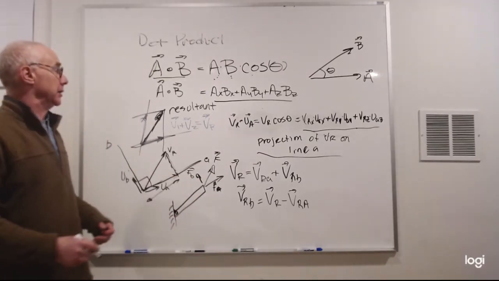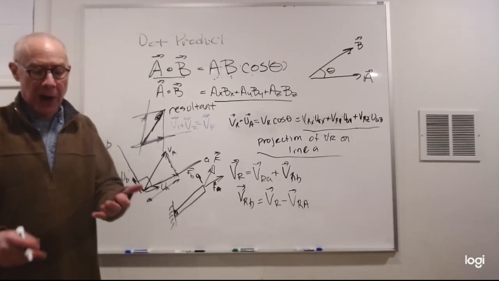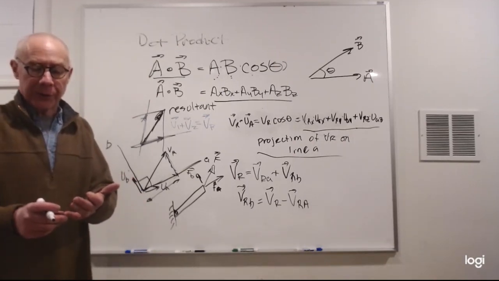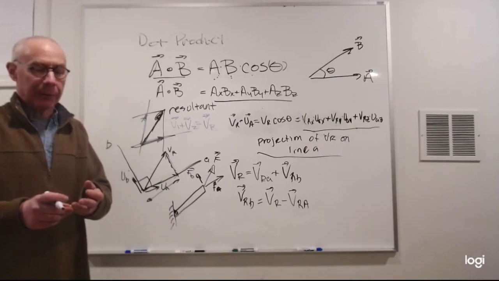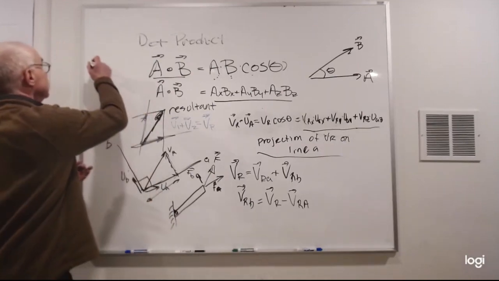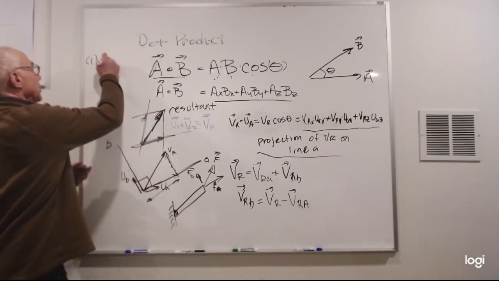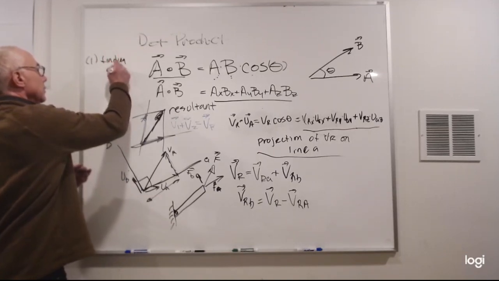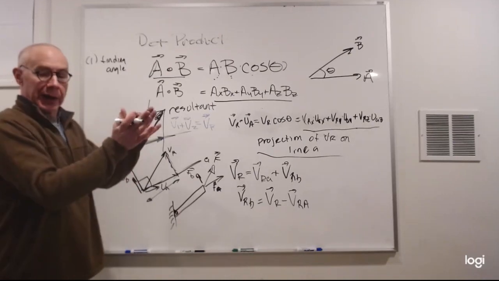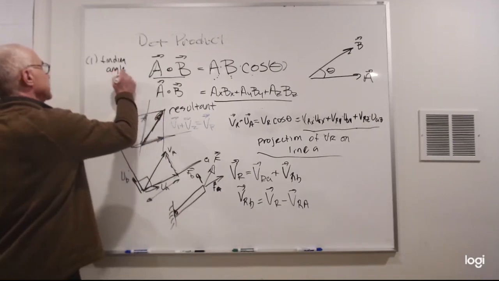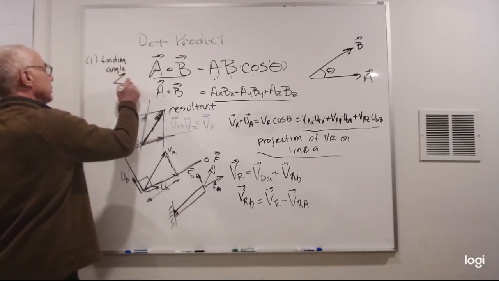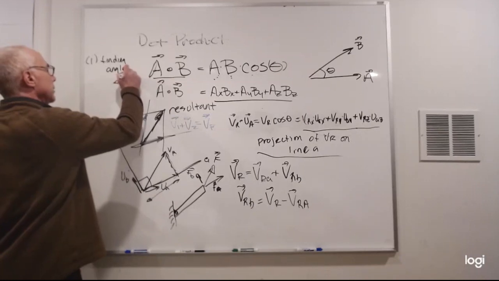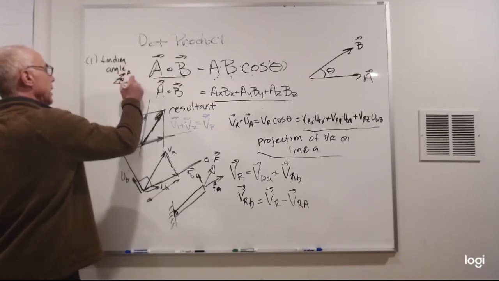So remember that the two applications of the dot product are, number one, finding the angle between two vectors. I'll just draw a little picture here. So that's number one, A, B is theta.